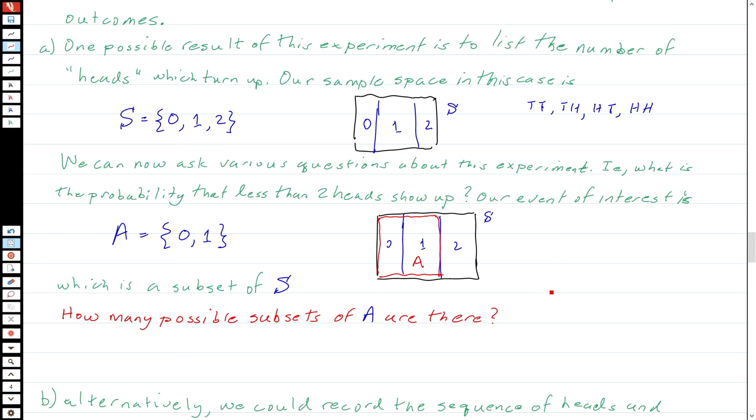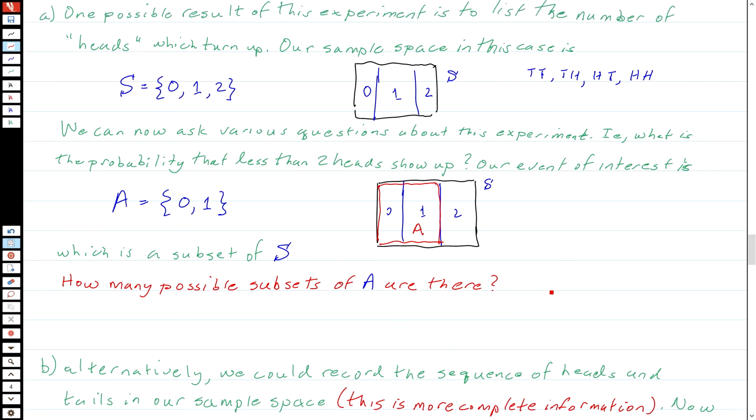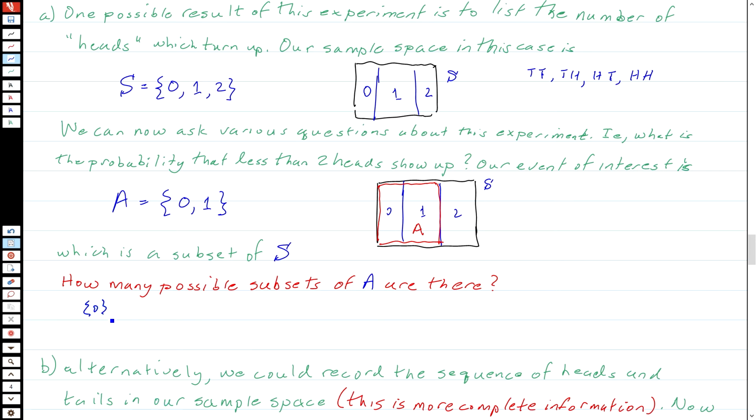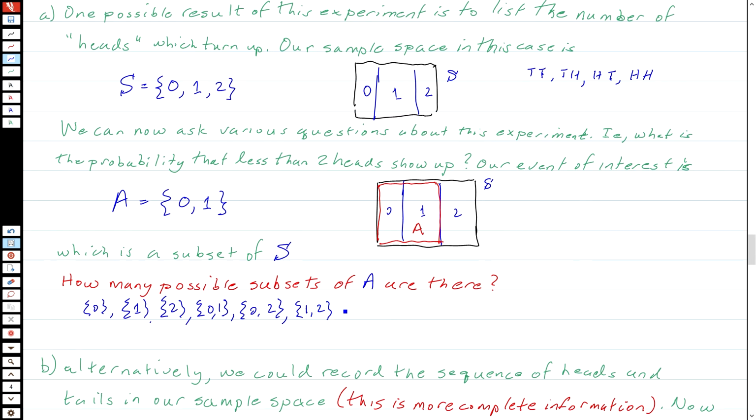So the last question is, how many possible subsets of A are there? Well, I guess we can just enumerate them. We've got one is {0}, another is {1}, another is {2}, and then we've got {0, 1}, {0, 2}, and then we've got {1, 2}, and then of course we've got all 3.